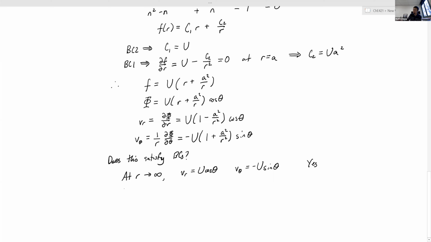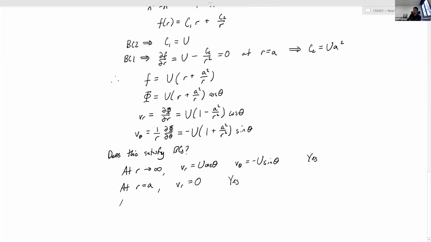All right. We also have boundary conditions at r equals a. At r equals a, let's look at this for a second here. VR is equal to 1 minus a squared over a squared, so 1 minus 1, and so that just gives us 0, right? So VR is equal to 0. So yes. Okay, but at r equals a, we also need to look at V theta.